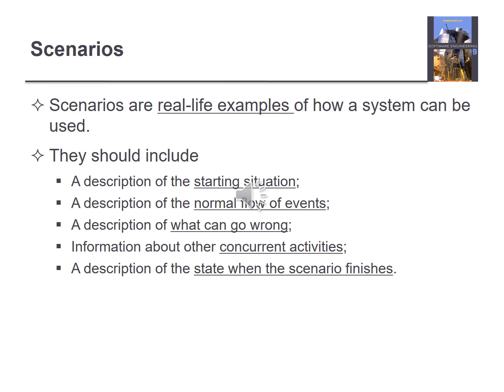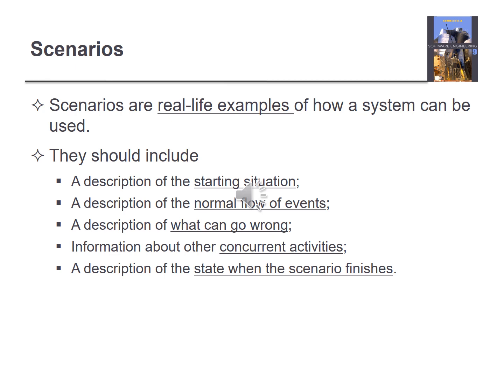What can go wrong? What really are the problems we could have? And what if we encounter some of these problems? Information about other concurrent activities: what is going on at the same time, simultaneously. We do this requirement, and in the meantime we're doing another requirement at the same time.